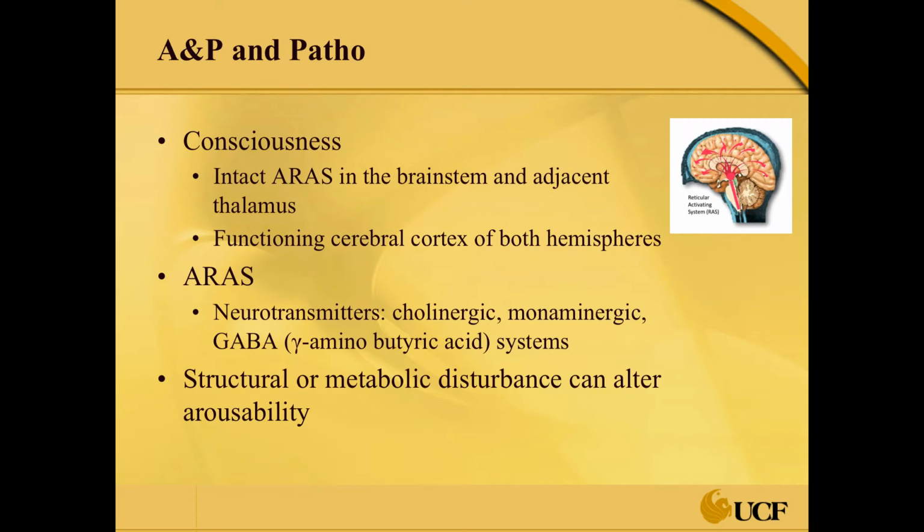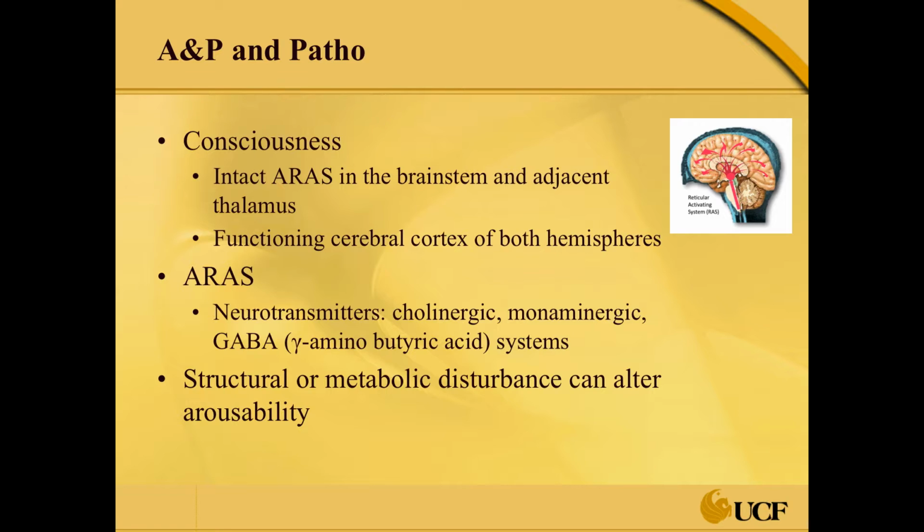All right. Okay, the anatomy and the pathophysiology behind this. So we talked about the ascending RAS in the brainstem and adjacent thalamus. And by the way, that's the reticular activating system, the RAS. And we said that the functioning cerebral cortex of both hemispheres does play an important role in consciousness.